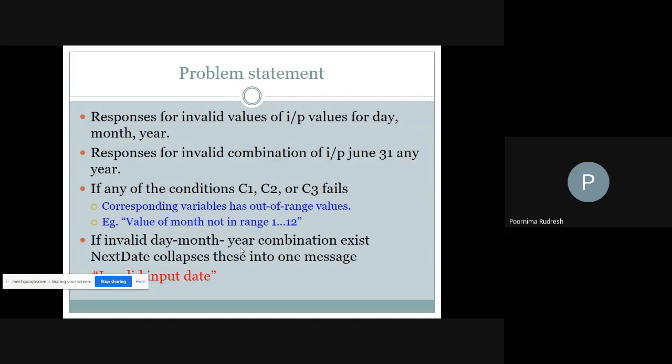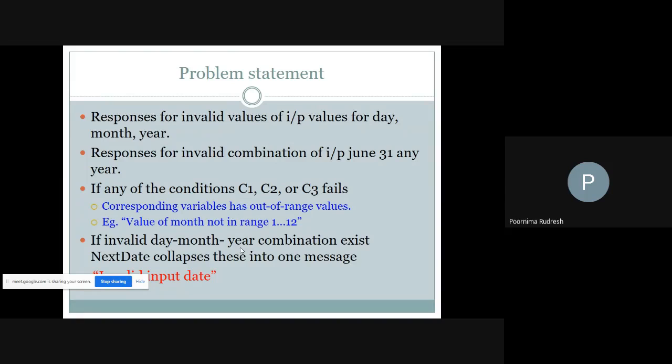Understood? Similarly, if we enter the month as 13, then it will display the invalid output. And next, consider another invalid combination of input: February has 28 days, or 29 days in case of a leap year. If we enter February 30, then also it returns invalid combination of inputs. So these conditions we are also checking in the program.